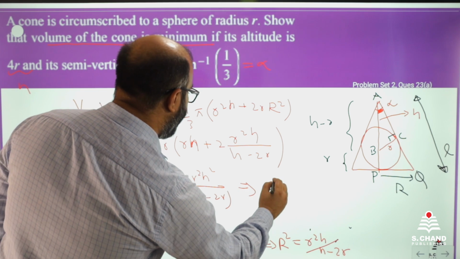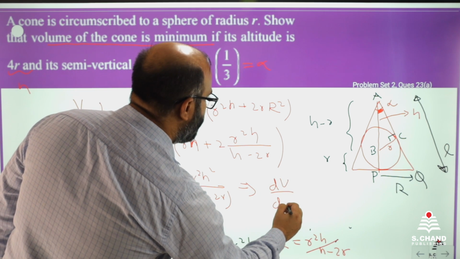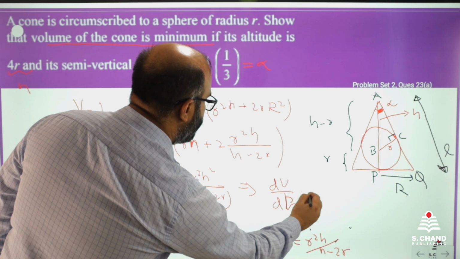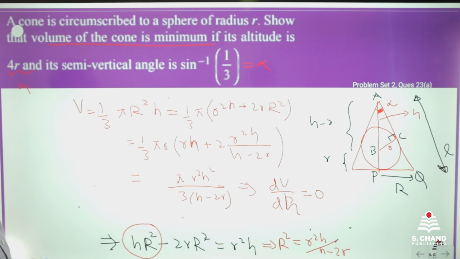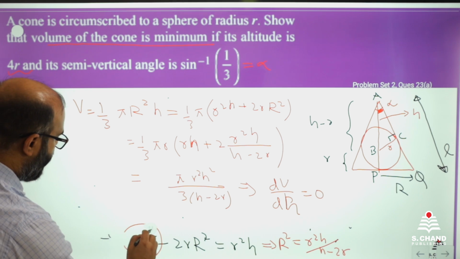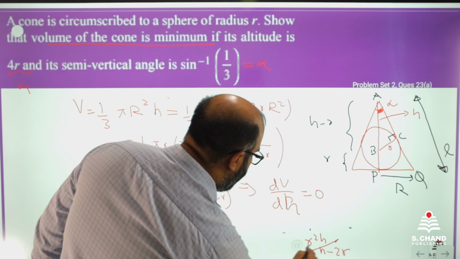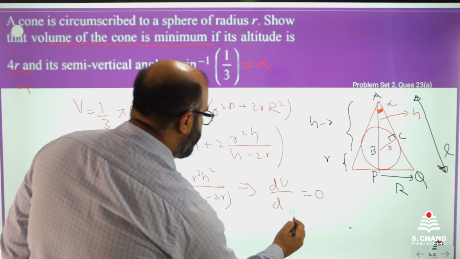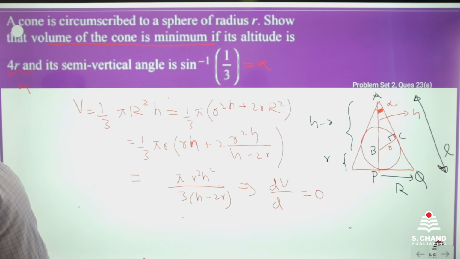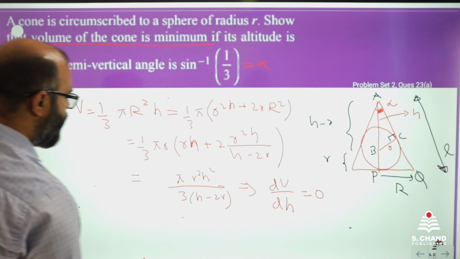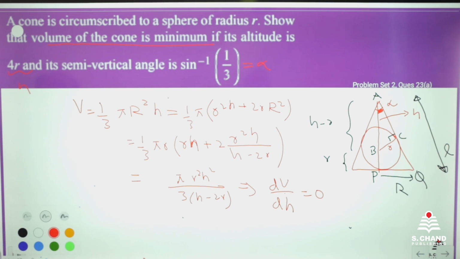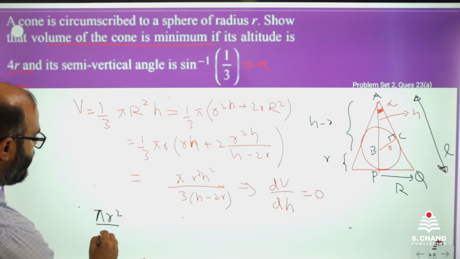And now we will take dV by dh is equal to 0, because small h is the variable here. Now when we take this as the variable and we differentiate V with respect to h, we will get pi r square by 3 as the constant.